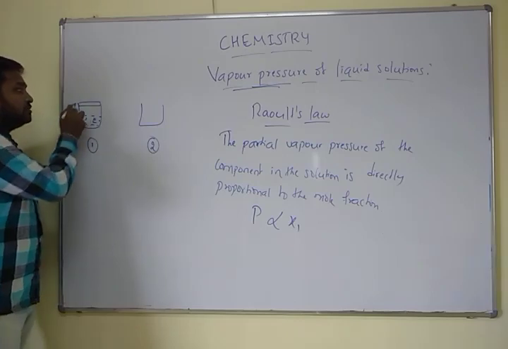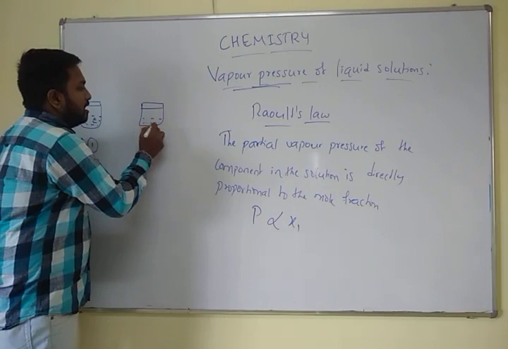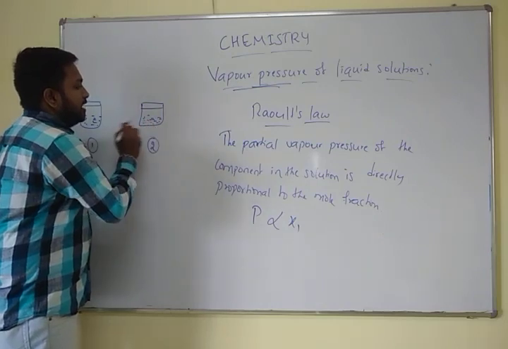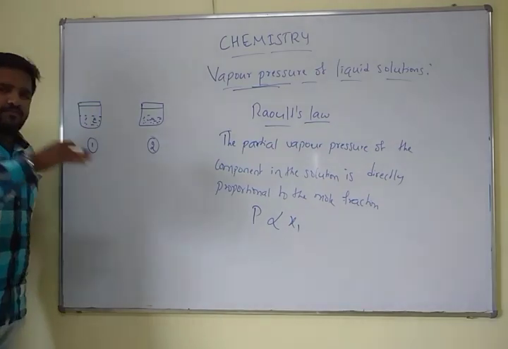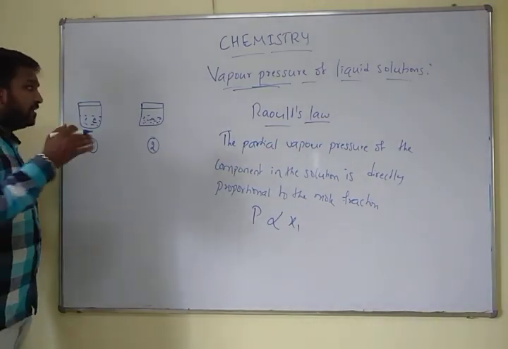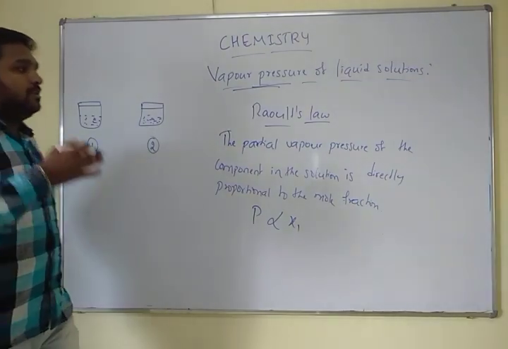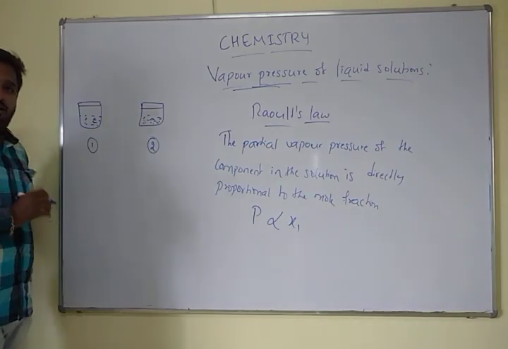So it is closed. In the same case, in another container, we have a liquid and it is also closed. As the liquid is closed in the vessel, there will be a vapor pressure. Here there will be a vapor phase created. So there will be a respective vapor pressure for both the components 1 and 2.